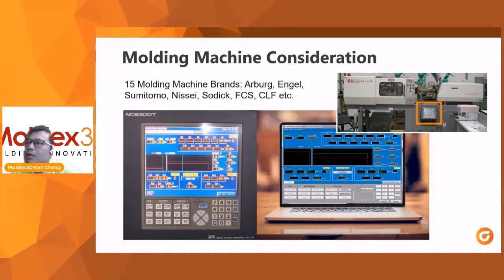You are able to input the control panel. How do you control your screw? Just like in reality, how you control your screw speed in order to push the material into the mold. This is something you are able to do through Moldex3D.